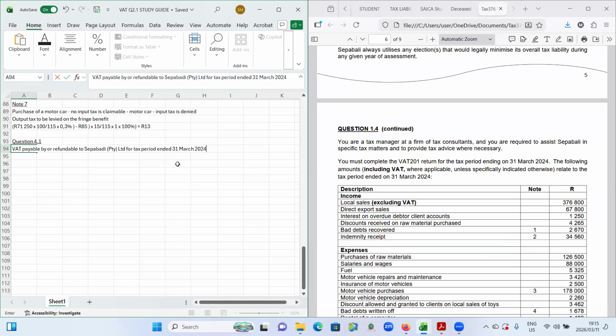So let's do this. We must look at VAT input and output.